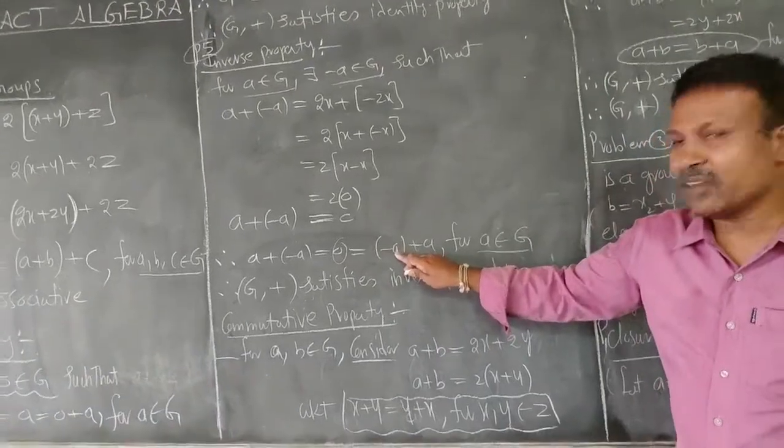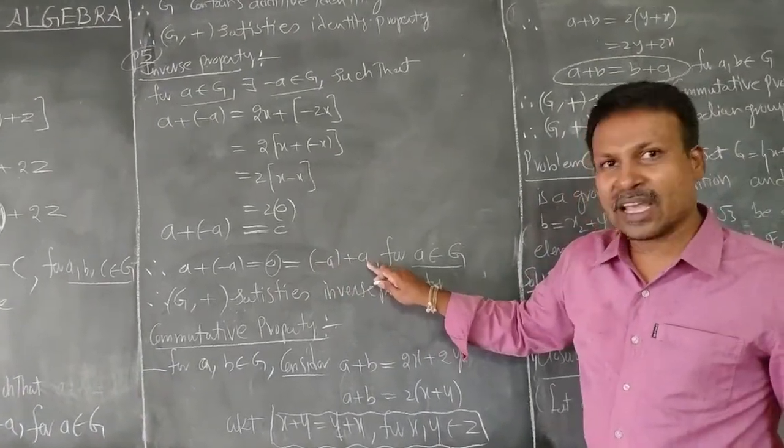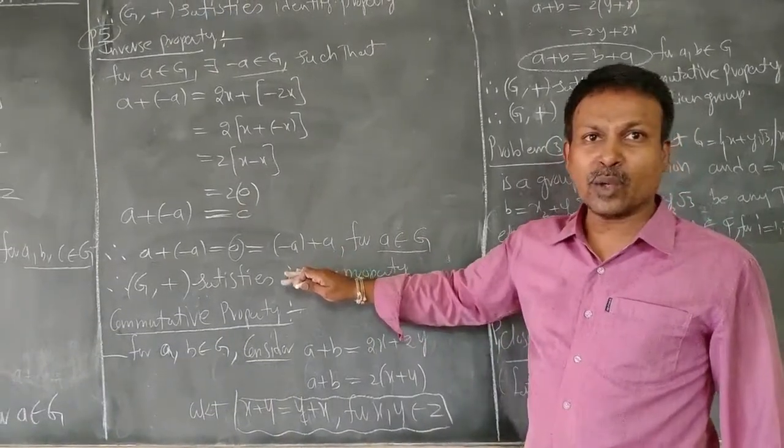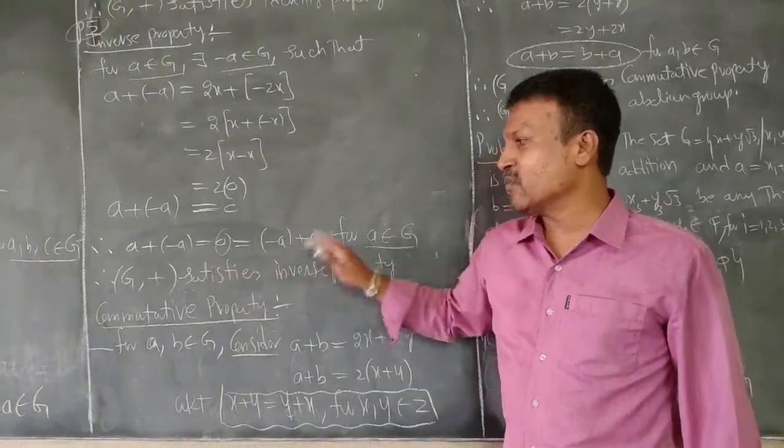And here instead of B, we have got minus A. Instead of A, again we have got A, for A belongs to G. Therefore, G comma plus satisfies the inverse property.